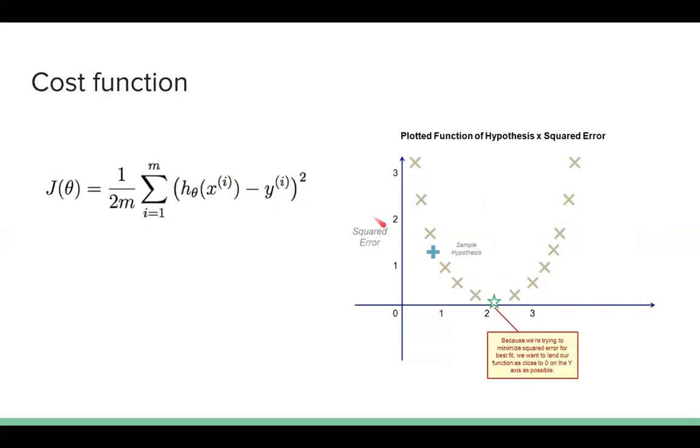So h theta of xi is just another representation that I have taken from Andrew Ng's course, because I find it very interesting and a standard way of representing the formulas. h theta of x is the predicted value, and yi is the actual value.